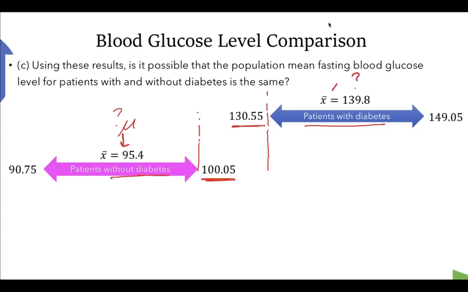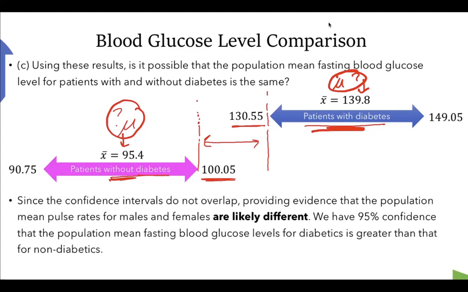Now, if we're trying to estimate the population mean fasting blood glucose levels for patients with and without diabetes, and mu is estimated to be in this pink range for without diabetes, and in this blue range for people with diabetes, then the chance that they are the same is not likely. There is this big gap between the two confidence intervals, and the population means cannot be the same.